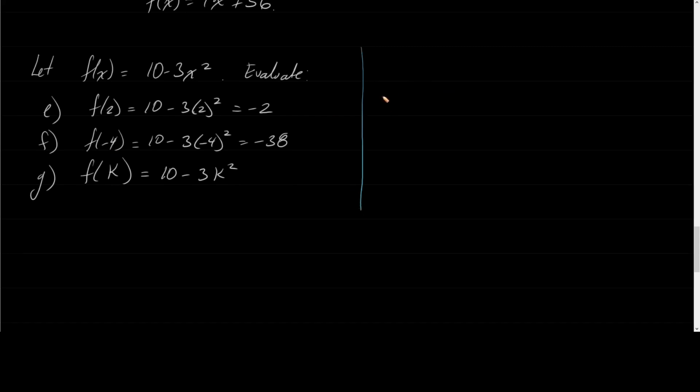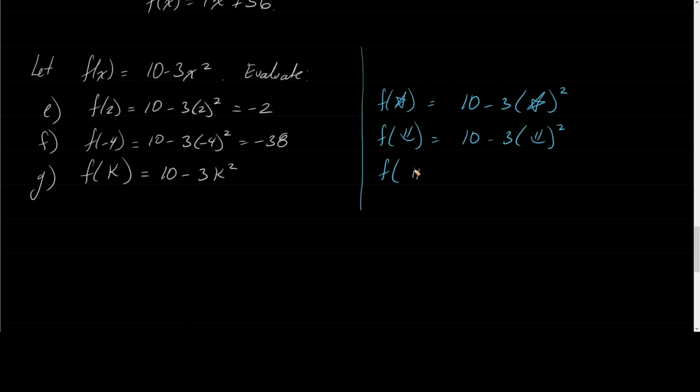So if I had something like f of star, you would tell me that this is 10 minus 3 times star squared. If I said, what is f of happy face? You would say that's 10 minus 3 times happy face squared. If I said what's f of broccoli, you would say that's 10 minus 3 times broccoli squared.